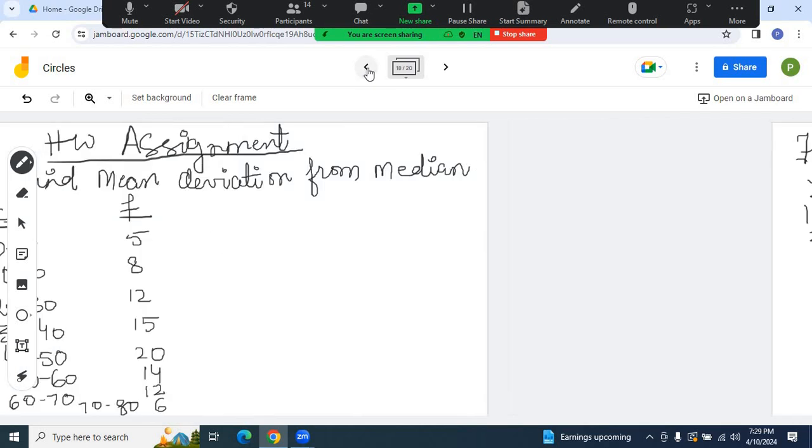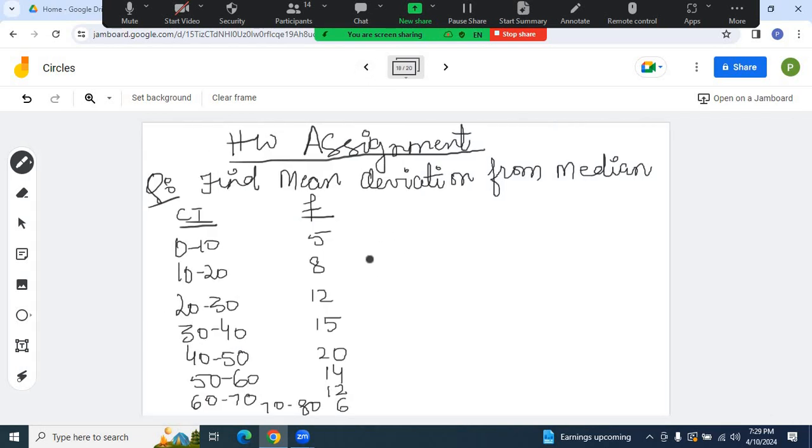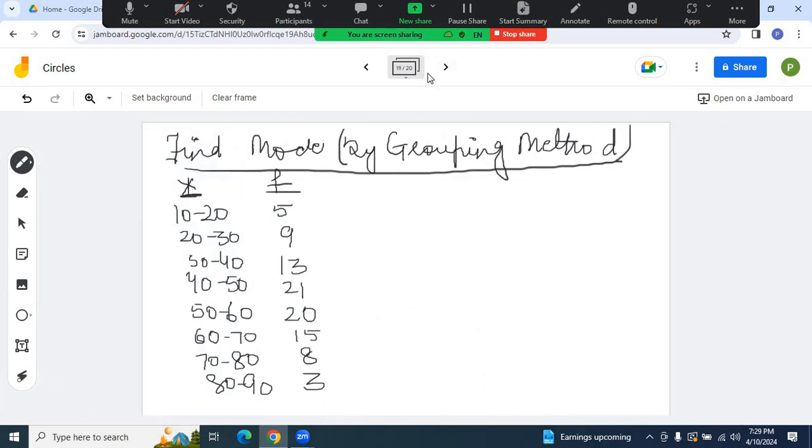I'm showing the questions again. First question is find mean deviation from median. Second, find mode.